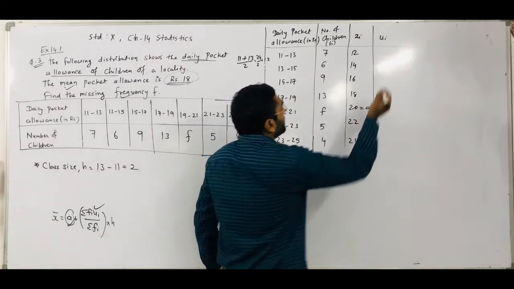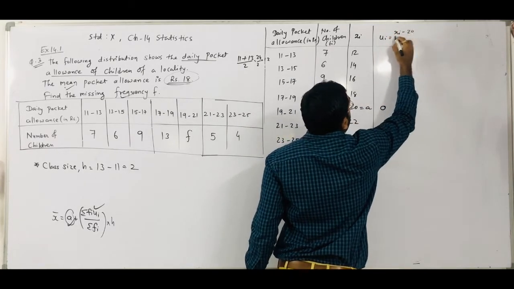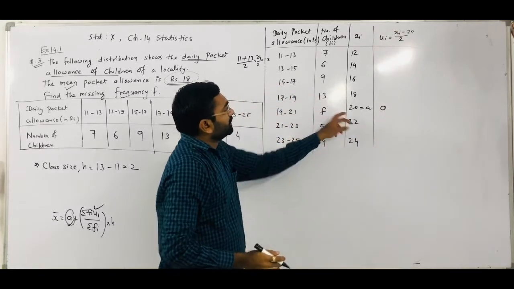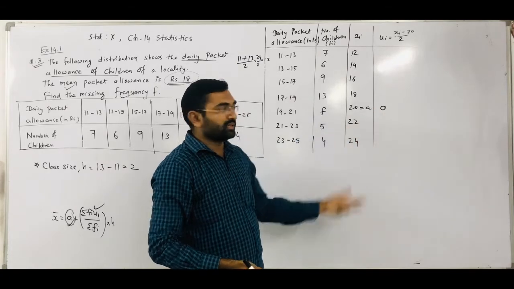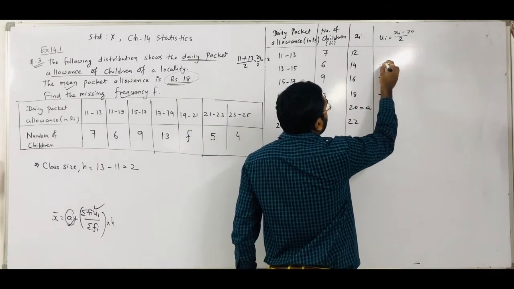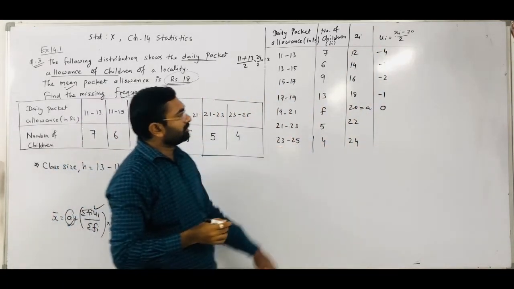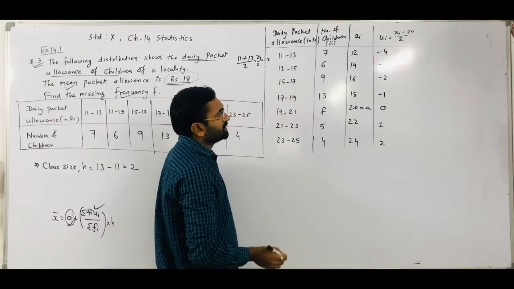If you put that value in xi minus a divided by the class size 2, that is 20 minus 20, which is 0, so you get 0 only. In the classes above, we write the negative values: minus 1, minus 2, minus 3, minus 4. In the classes below the 0, we write plus 1 and plus 2.